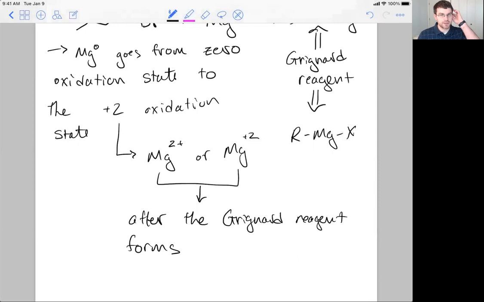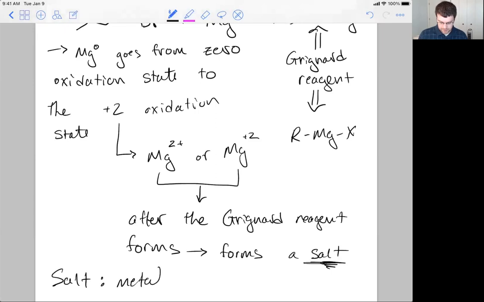Okay, so that's what's happening to the magnesium. It forms a salt. Now, what's a salt? A salt is some positive metal with negative counterions.